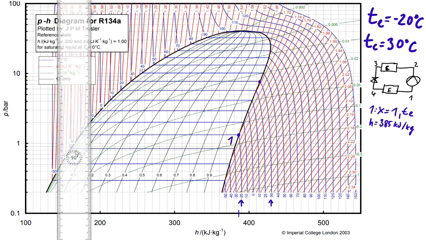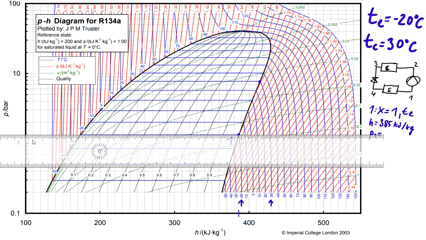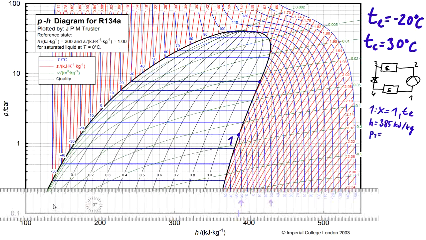Also for the point 1, the pressure at the point 1 is approximately something like 1.2 bars.